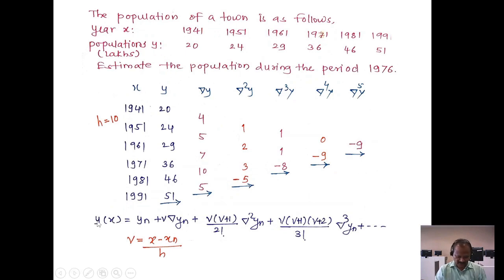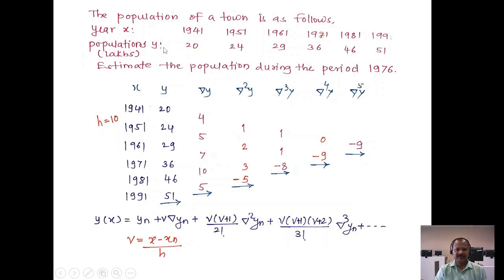Now we will take one example. The population of a town is as follows. Here x is given, and population y is in lakhs. x is given as 1941, 1951, 1961, 1971, 1981, 1991.